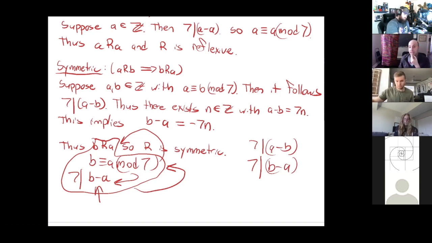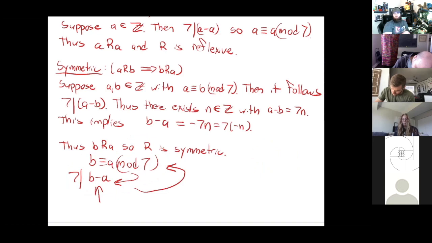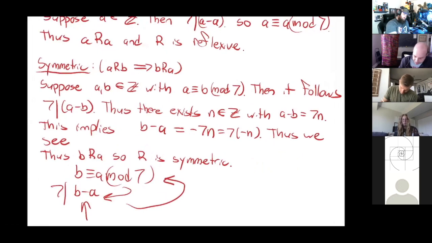So we can write B minus A as 7 times an integer, 7 times the integer minus N. So this tells us if B minus A can be written as 7 times an integer, then 7 divides B minus A.